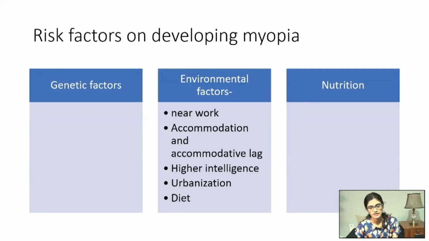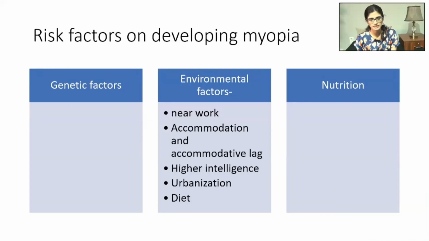As we know, genetic factors play a major role. We all know that if the parents have myopia, the child is likely to have myopia. The degree of course can vary. And also some ethnic groups are more susceptible than others, like the Chinese population. They are more likely to develop myopia. Almost 80% in some countries are myopes.